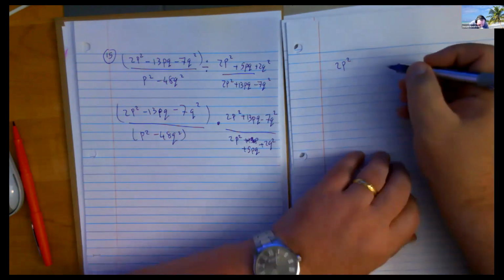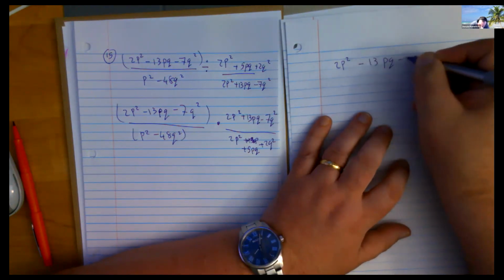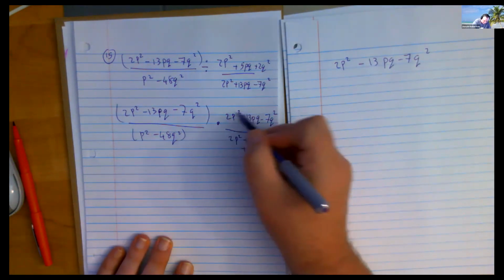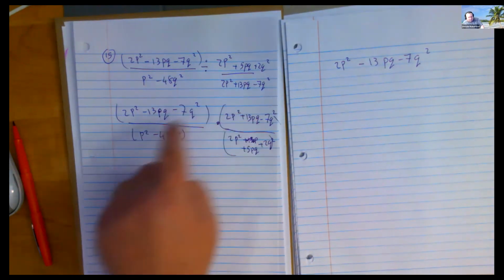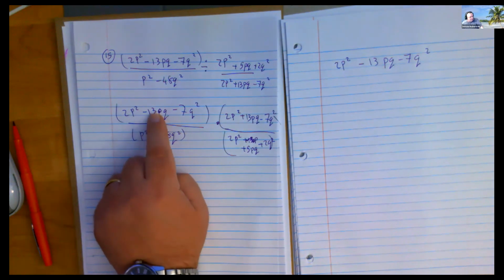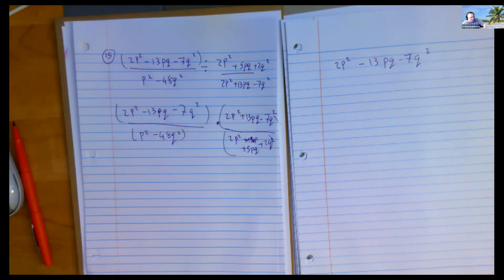Okay, top guy, 2p squared, take away 13pq minus 7q squared. I am going to have to factor 4 of the ugliest looking things you're probably ever going to deal with. Not just one ugly one, that wasn't enough. Every single one of them is probably as ugly as the other 3.